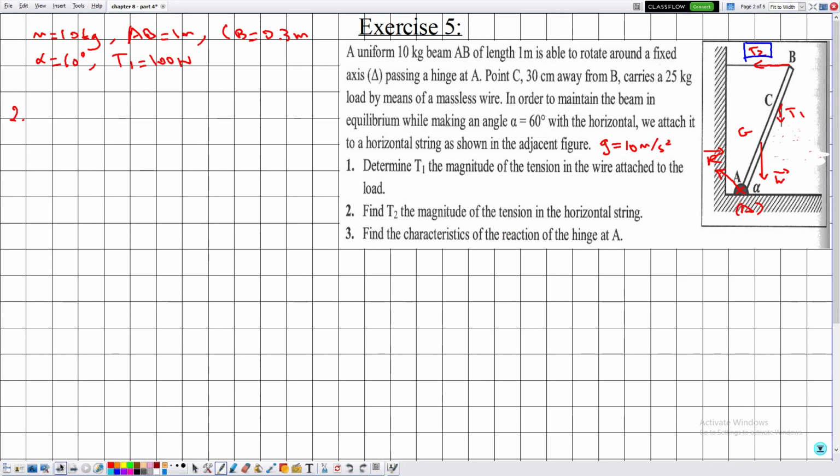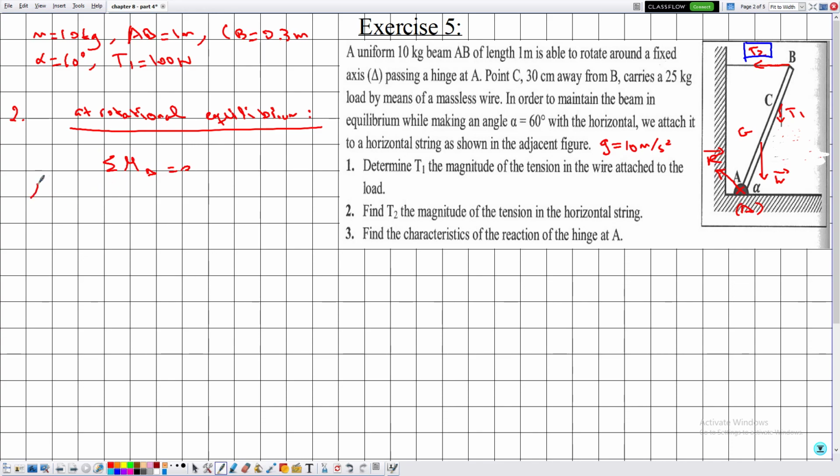So without further ado, we need to determine T2, the magnitude of the tension. So let me say at rotational equilibrium, we have the sum of moments around the axis delta is equal to 0.